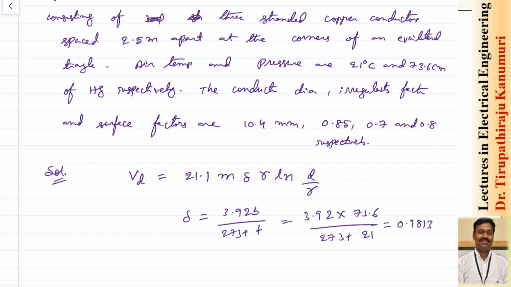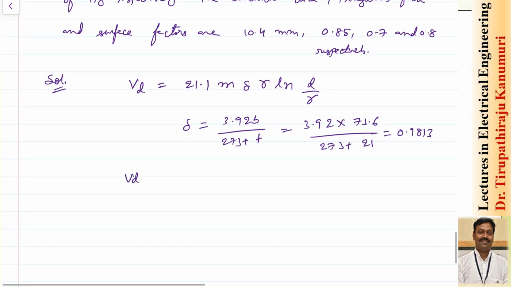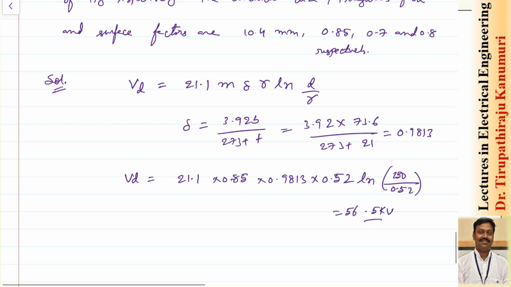This one we got. So now substituting this in V_d, we'll get 21.1 into 0.85 multiplied by 0.9813 into 0.52 ln of 250 divided by 0.52. So this will be equal to 56.5 kV. This is what we get.